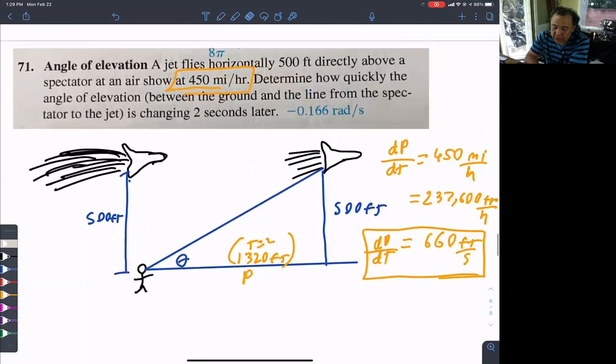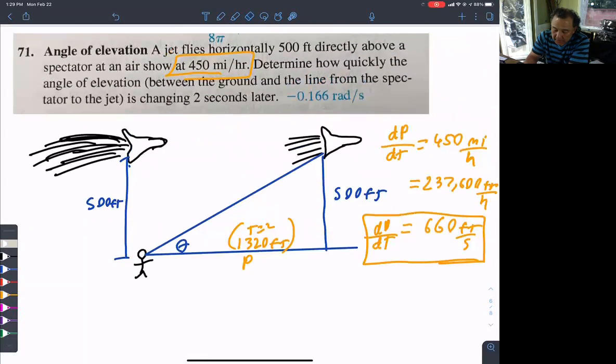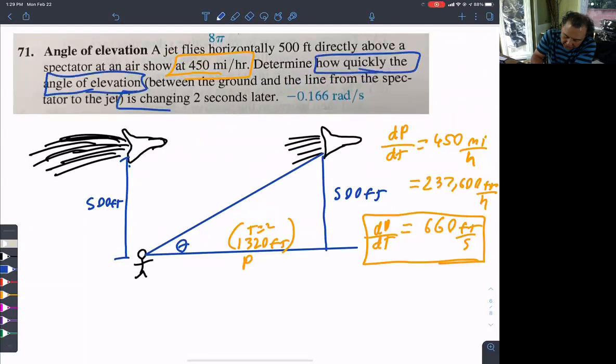All right, what else is going on? It's asking to determine how quickly the angle of elevation is changing 2 seconds later.